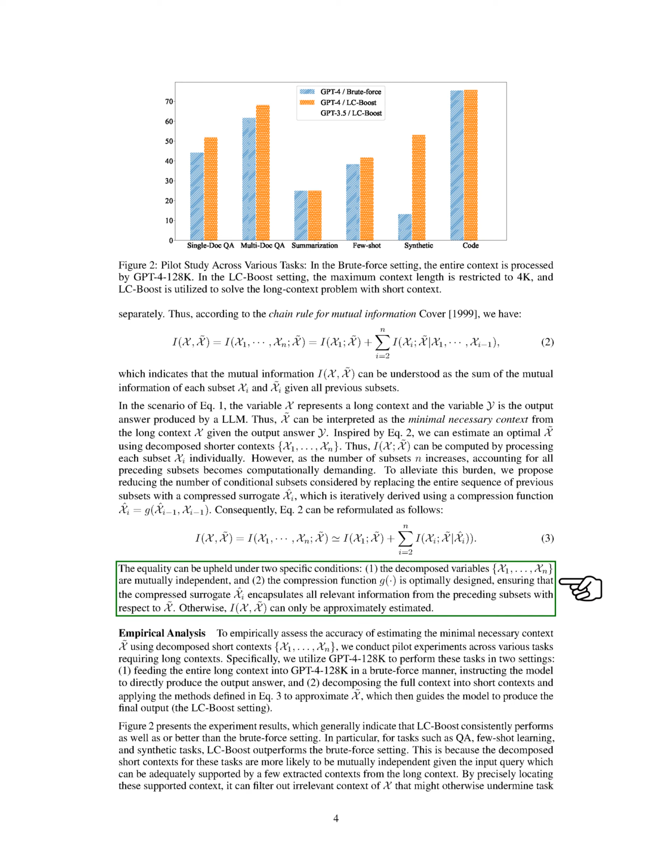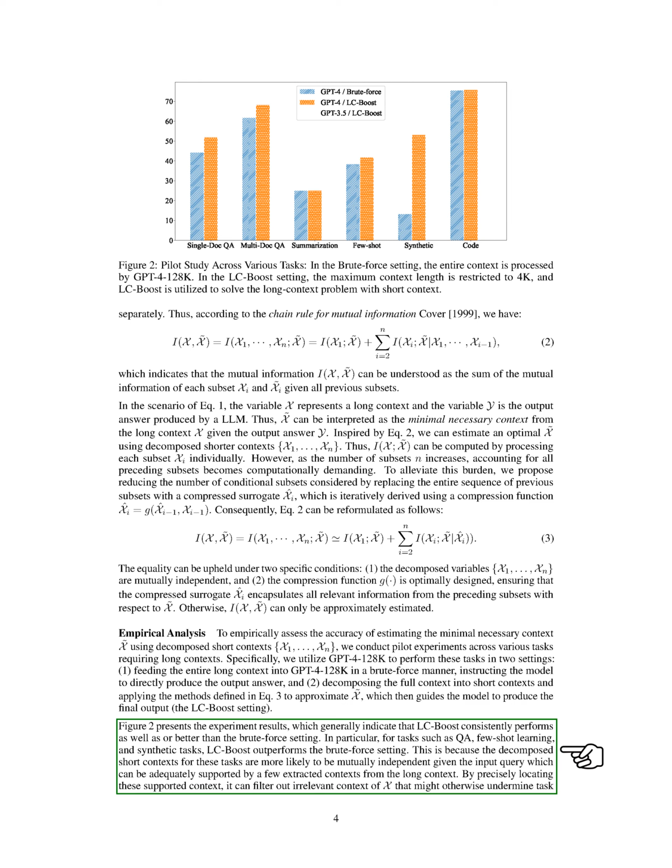Section: Empirical Analysis. In this section, we conducted experiments to evaluate how well we can estimate the minimal necessary context X̃ by using decomposed short contexts X_1, ..., X_n. We performed these experiments using GPT-4 for tasks that require long contexts.